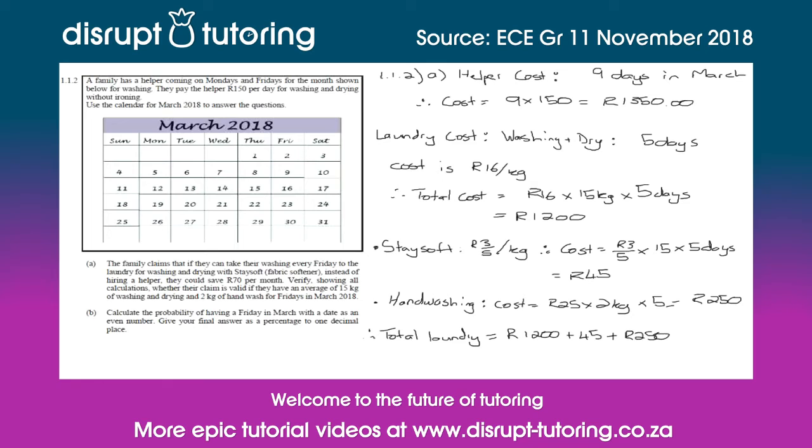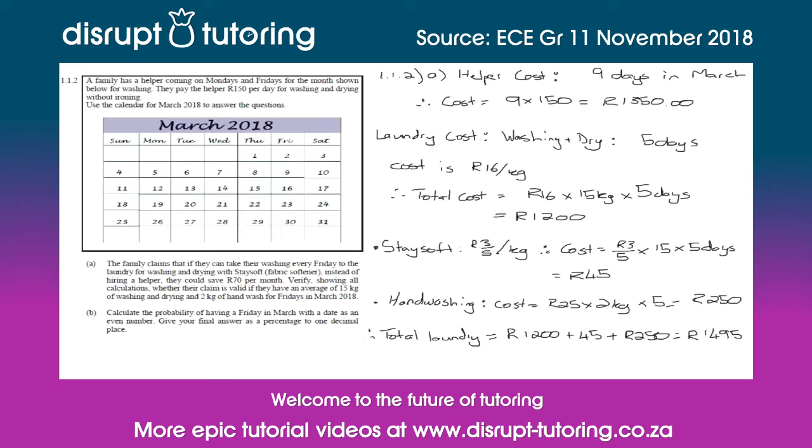So remember, we get these from over here for the total cost of the washing and drying, plus the cost of the Stay Soft, plus the cost of the hand washing. And in your calculators, 1,200 plus 45 plus 250 comes to a total of 1,495 Rand.